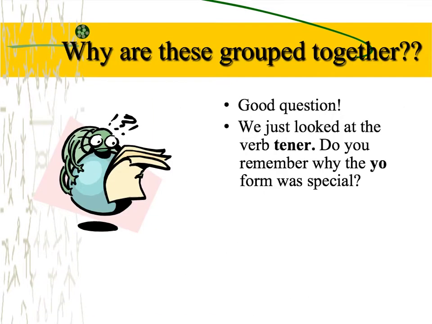Okay, so these are grouped together because, remember, I told you that if you look at the verb tener and you think about the yo form, what's the yo form of verbo tener? That's right, tengo. Okay, and you're going to see what happens to some of these other verbs in a minute.